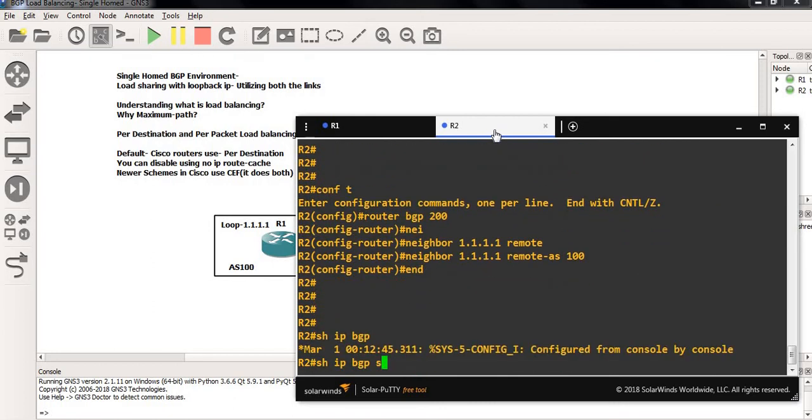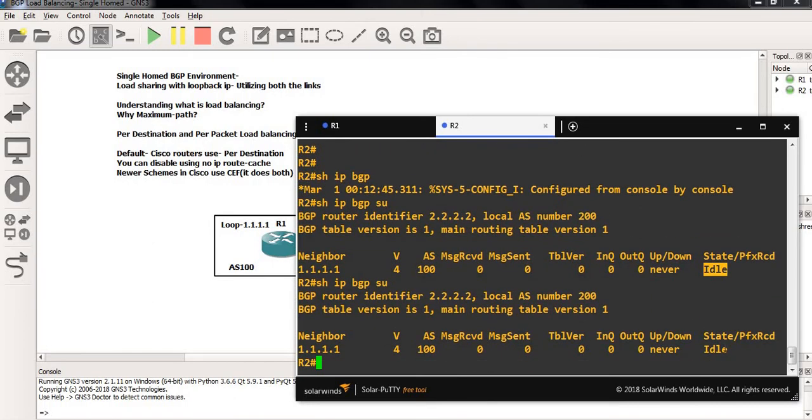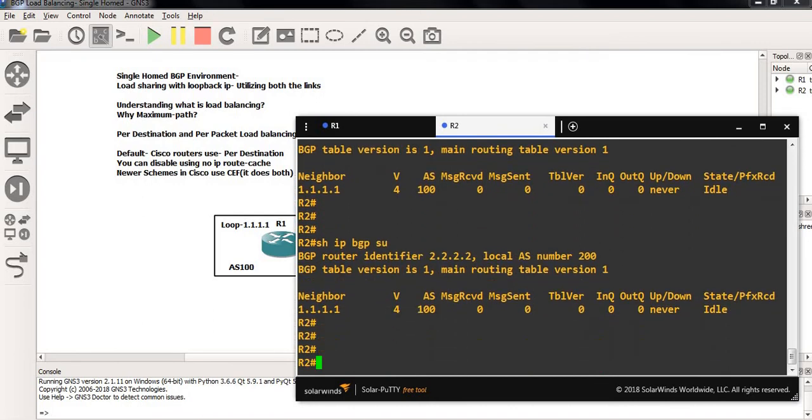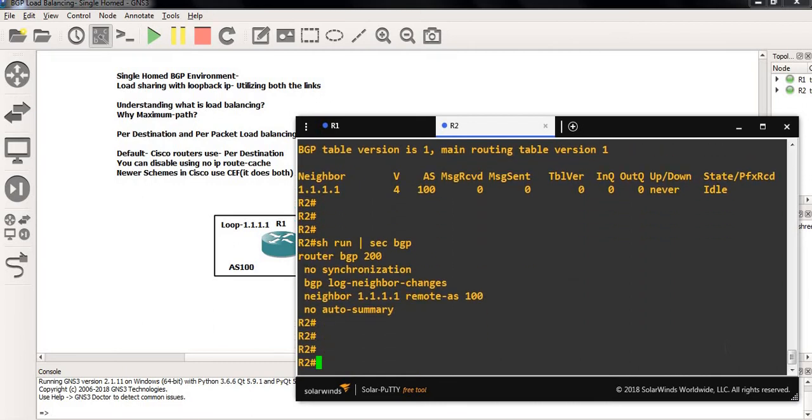Show ip bgp summary. Okay, so you will still not be able to form a BGP neighborship here. Let's give a couple of minutes so that the BGP comes up. However, it will never form a BGP neighborship. The reason being that you still have many configurations missing in the BGP.